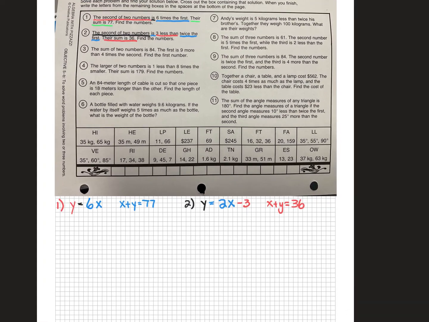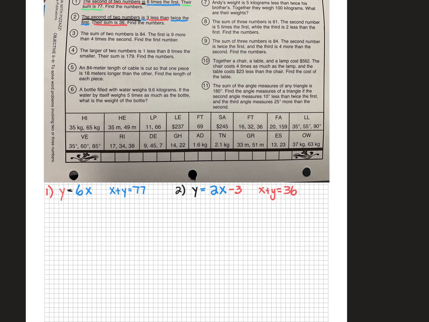Okay, number 3. The sum of two numbers is 84. That should be the really easy one when you just go x plus y equals 84. And then finally, you do the first number.